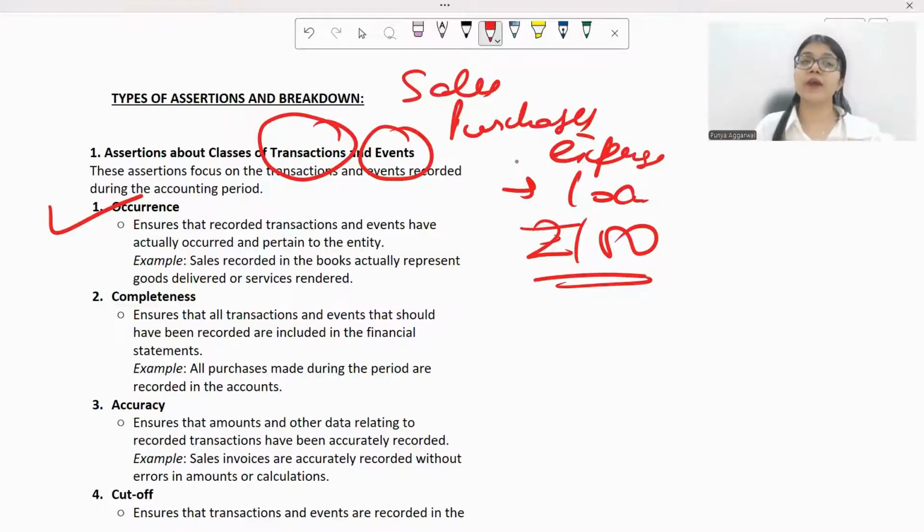So that is when we use the term or the assertion of occurrence: did it actually happen or not. It ensures that recorded transactions and events have actually occurred and they also pertain to the entity, right? So as I mentioned, यहाँ पे sales या purchases.